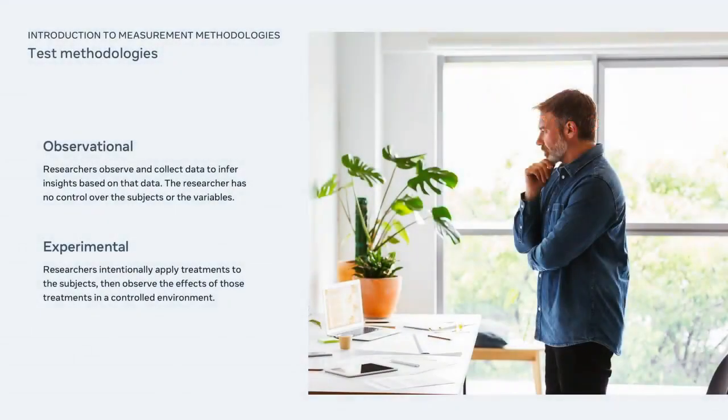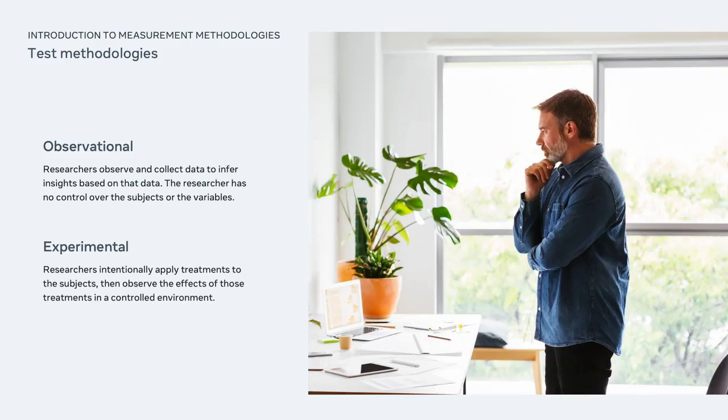Marketers would like to understand if their ads are, to some extent, responsible for sales, and they use different measurement methods to try to answer this question. These methods fall into two large categories: observational and experimental. When researchers collect data to infer insights based on the data, these are observational methods. The researcher has no control over the subjects or the variables.